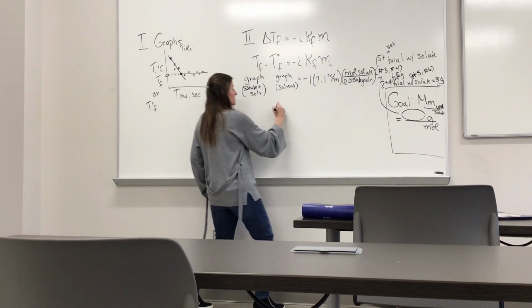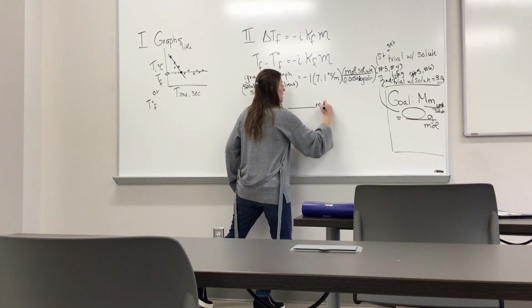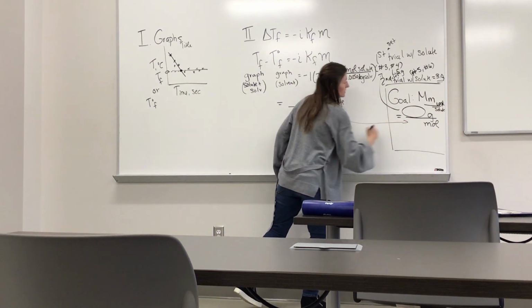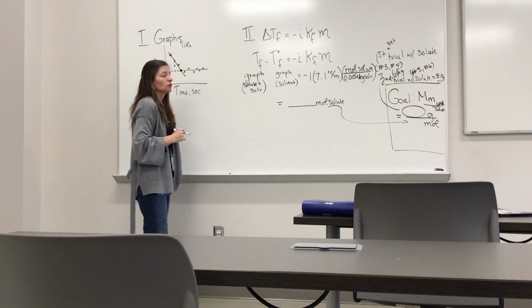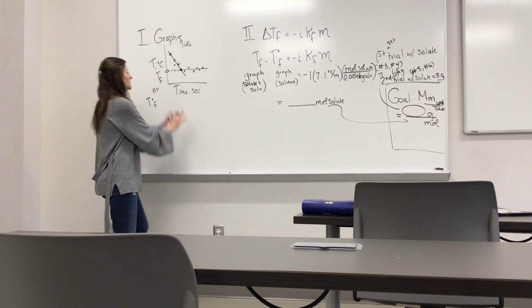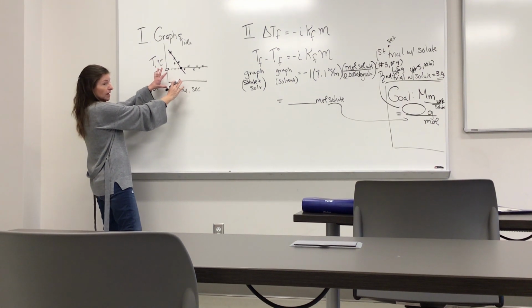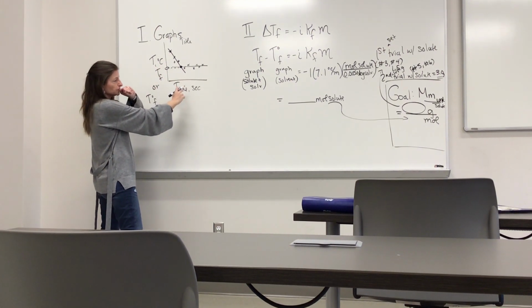And then we solve it, lo and behold, and we get moles of your solute, and we can plug it in right there to get your grams per mole. Again, TF and TF naught come from the graphs that you make. You'll have 3 sets of them.